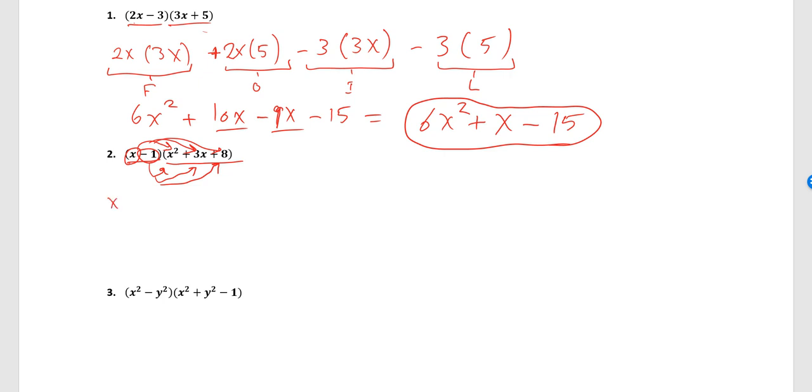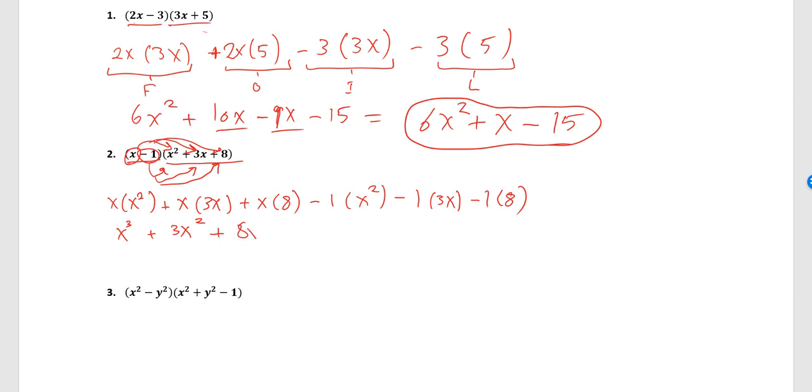So we have x times x squared plus x times 3x plus x times 8, and then minus 1 times x squared minus 1 times 3x minus 1 times 8, which gives us x cubed plus 3x squared plus 8x minus x squared minus 3x minus 8.